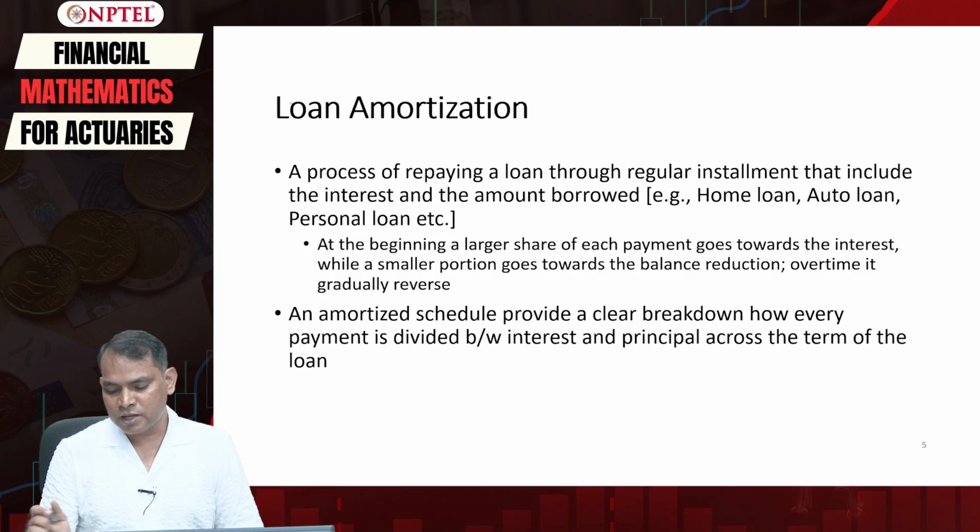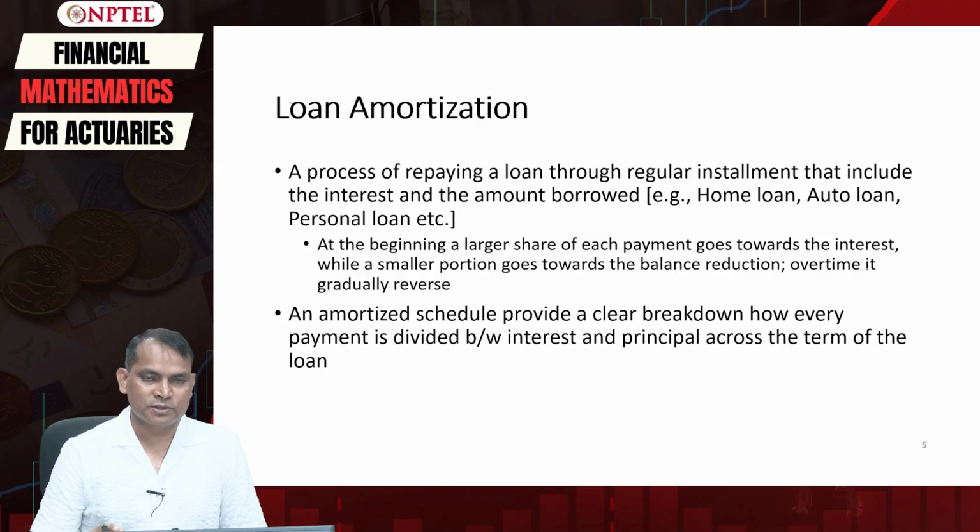But as time passes, the process gradually reverses. Later on, a smaller share goes toward the interest and a larger share goes towards the balance reduction. Finally, the balance will be 0.